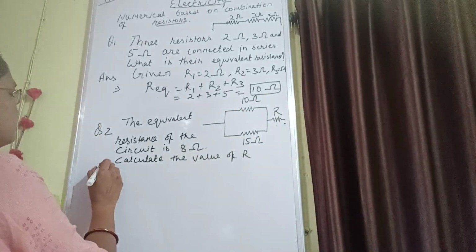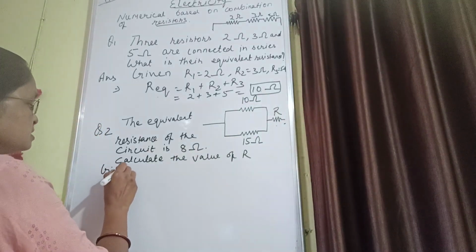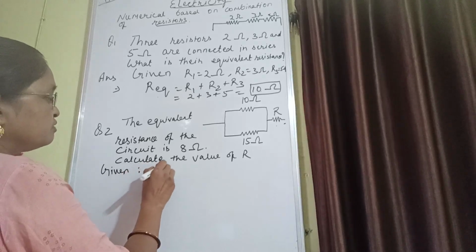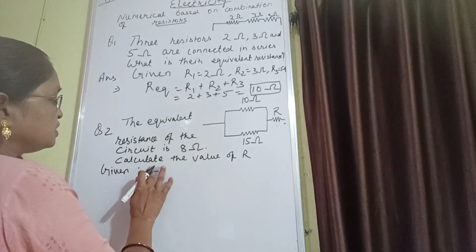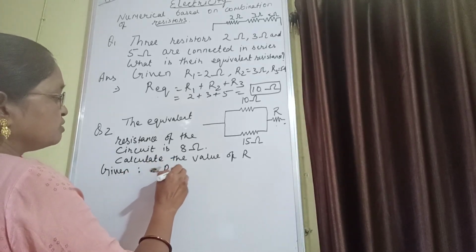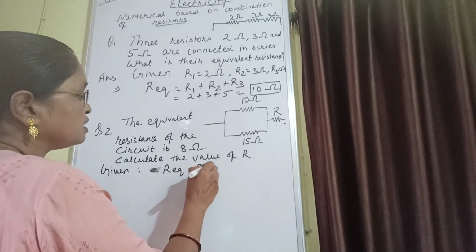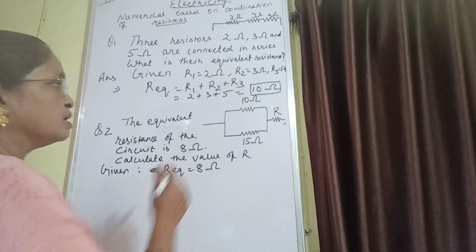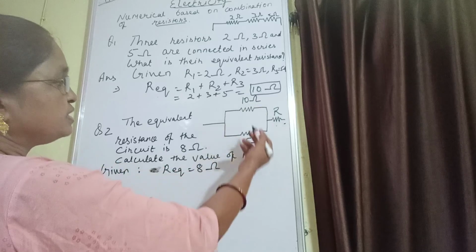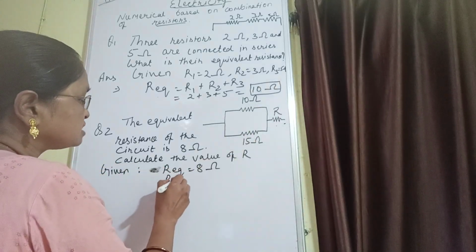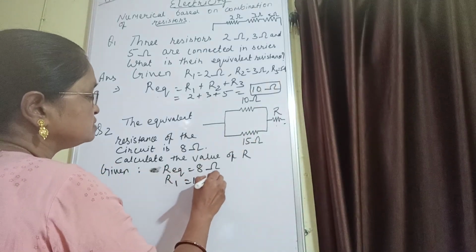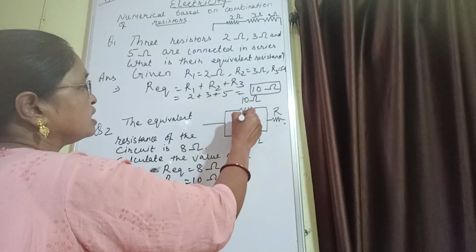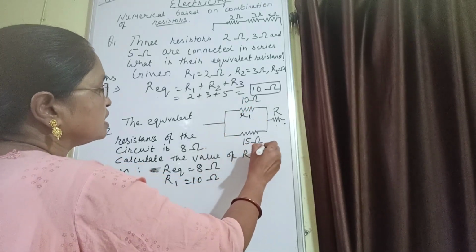So what is given? Let us write first. Equivalent resistance, that means we are writing R equivalent is equal to 8 ohm. Let us take R1 and R2. R1 is given 10 ohm. This we have taken R1 and this one we have taken R2.